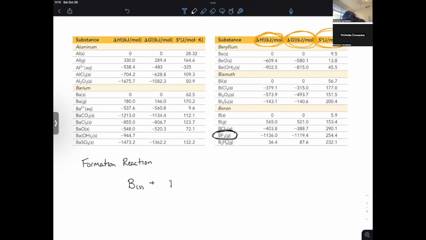Fluorine's standard state is actually as a diatomic gas, and that creates our product BF3. And these formation reactions are always balanced in such a way that you just get one of your product. So in this case, I would have to balance that out with a 3/2 for my fluorine in order to make that all work out.